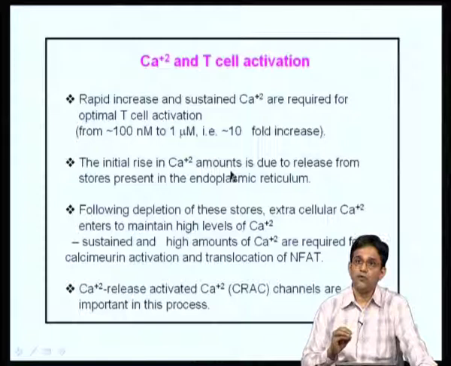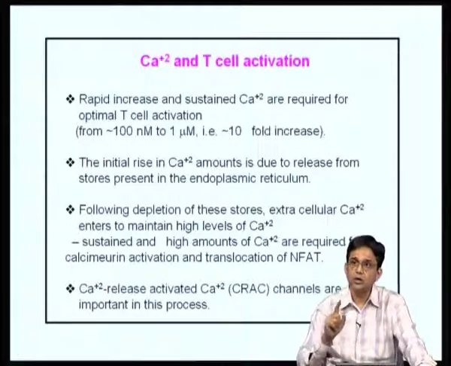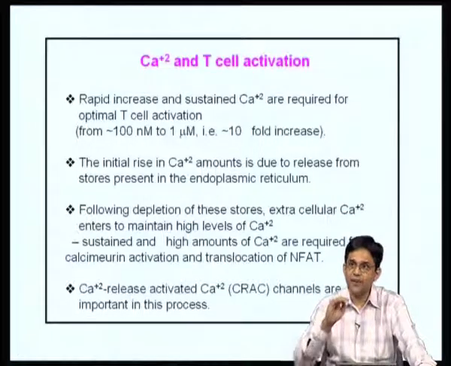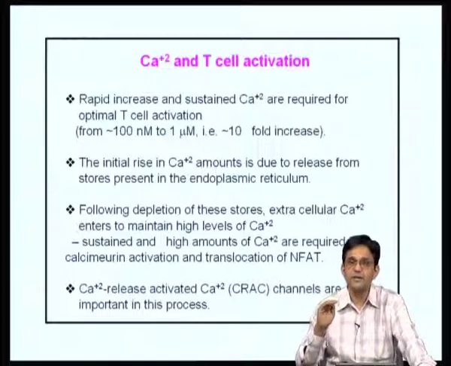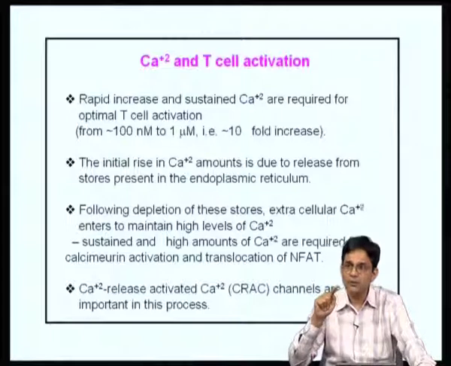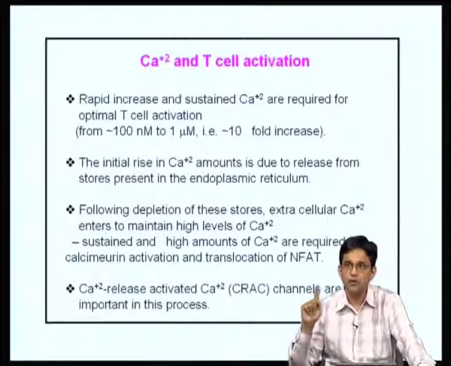However, for sustained T cell activation, you need an increase in intracellular calcium, and you need to be able to sustain it. If you are unable to sustain it, you will not get proper T cell activation.